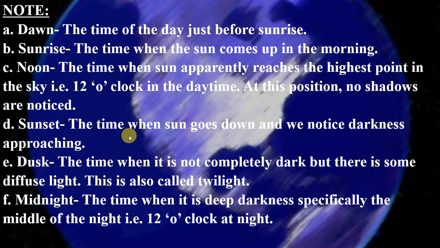Sunset, the time when the sun goes down and we notice darkness approaching. We are not experiencing the darkness, we are approaching towards darkness. Dusk, the time when it is not completely dark but there is some diffuse light. This is also called twilight. Midnight, the time of deep darkness, specifically the middle of the night, that is 12 o'clock at night. So these are the terms related to the phases of a day.